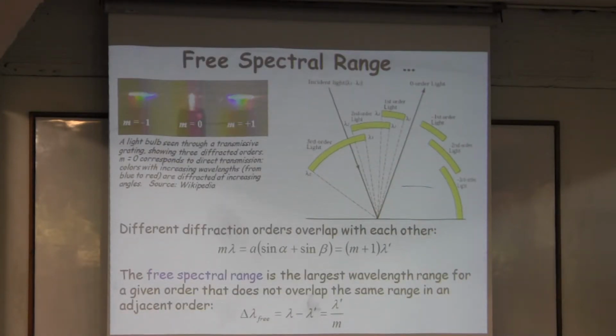Now there is one problem with most spectrographs, which is the free spectral range. This is just a light bulb looked at through a transmissive grating.